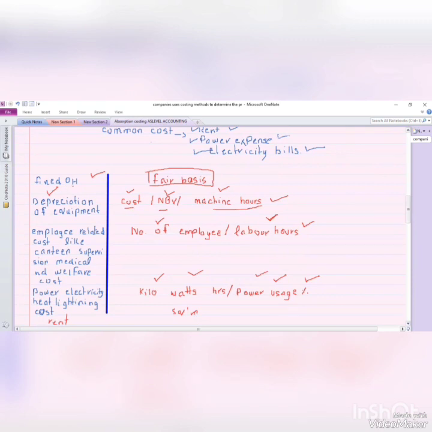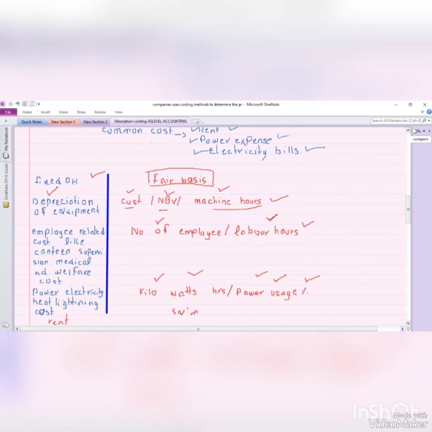It is also a fixed overhead and a common cost, which may be occurring in all the departments, but we don't know which department it is occurring in. We cannot say how much depreciation should be charged to the different departments.